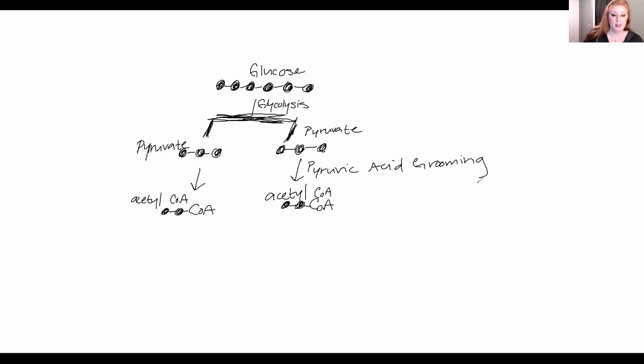Okay. Then we take our acetyl-CoA, we come in here to the next step, CoA leaves, so we just have our 2 carbon, and it's going to meet our 4 carbon oxaloacetate.